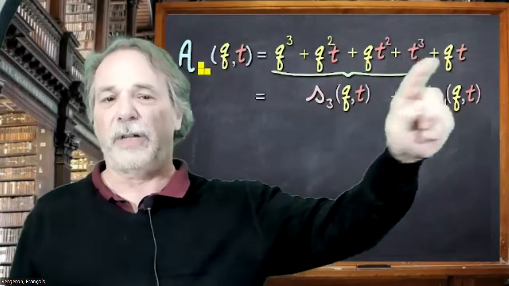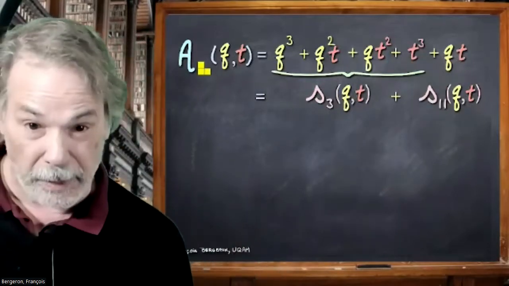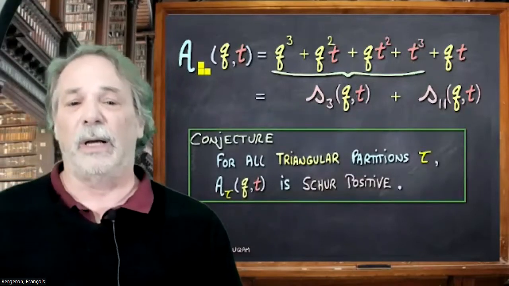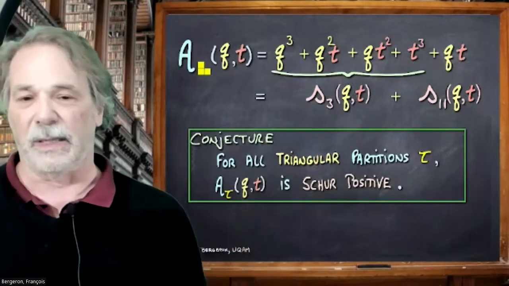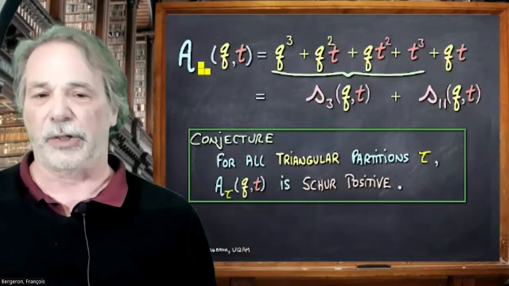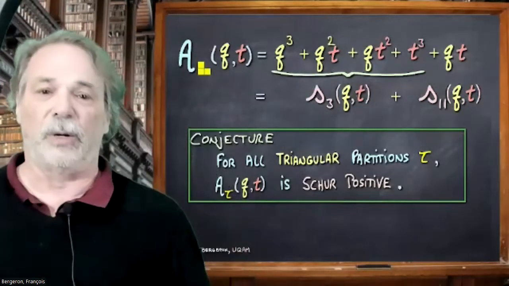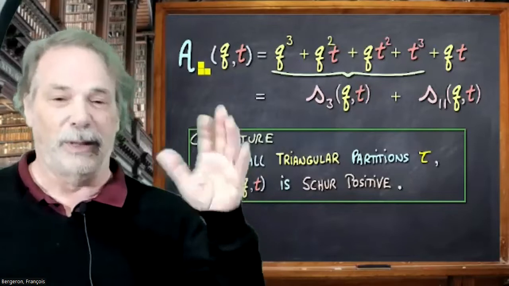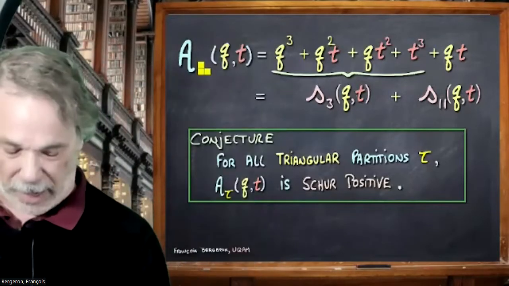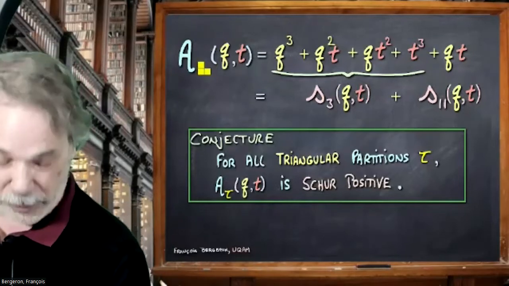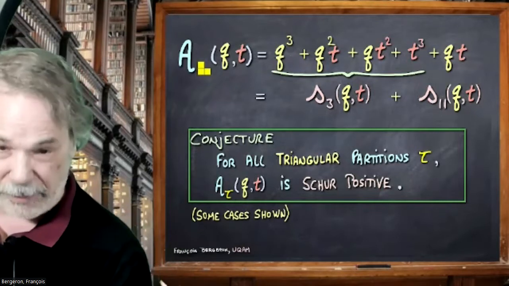So this expression is Schur positive. That's important. What happens is that for all triangular partitions, if you calculate this QT polynomial, it is Schur positive. We know how to prove this in many instances, but I'm not sure we have a proof for every case. So I'm going to say that some cases have been shown.